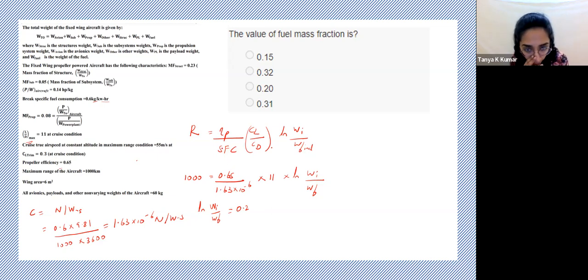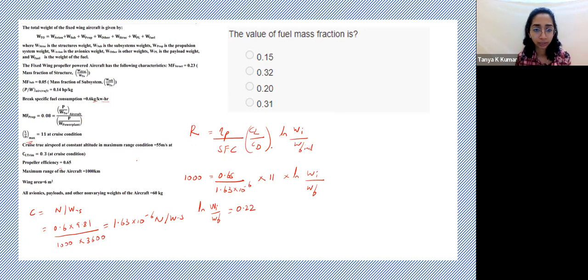Okay, I think we've made a mistake somewhere. It should be 0.2. Where have we made the mistake? It should come somewhere around 0.2. If it's that small, it will not work. There is a 10 raised to power minus 3 error. Where have we made the mistake?